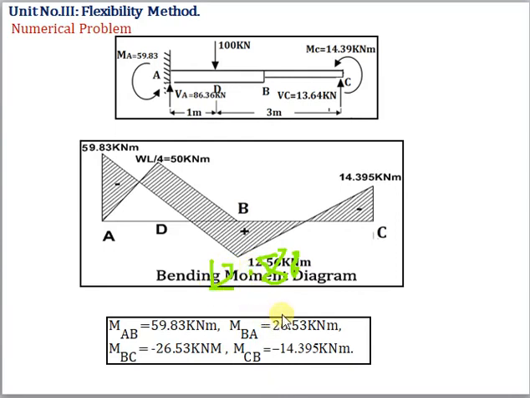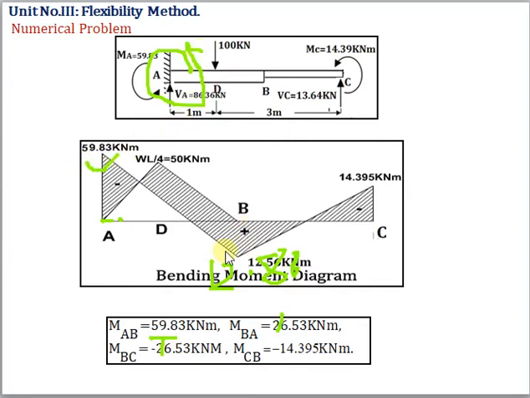This is our given member. Let's first show the end moment at A. The end moment is 59.86 kilonewton meter. Positive means you keep your pen close to A and rotate in an anti-clockwise sense. After one complete rotation, the arrow comes up, so show it up.